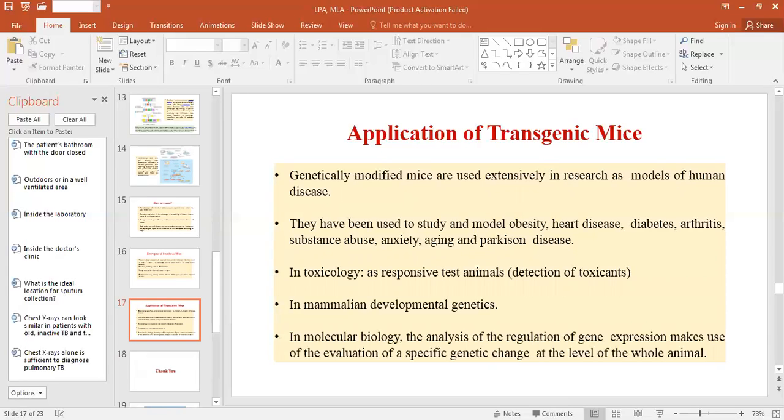In drug development, we can use this to check whether the proposed drug is toxic to the normal cell, and if it contains toxicity, what is the level of toxicity, using these transgenic mice, which are genetically modified mice containing a human gene. That's all for today.